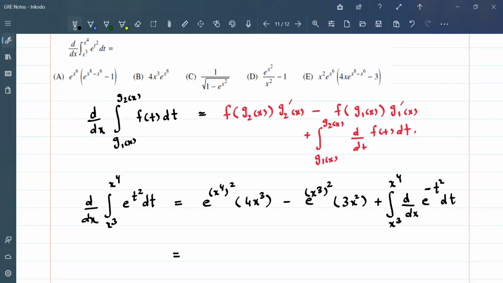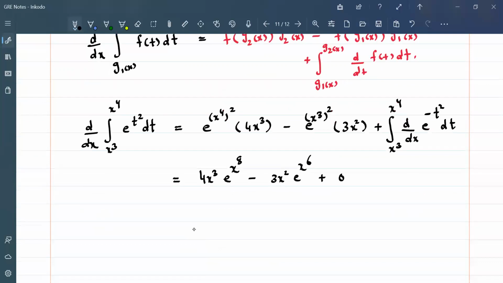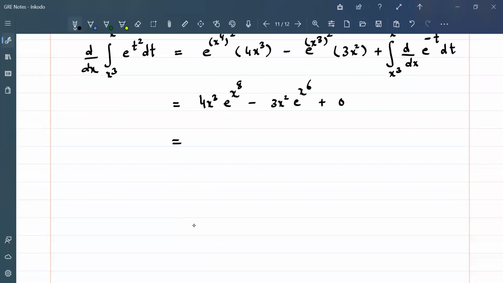Now you see that we have 4x cube e raised to power x raised to power 8 minus 3x square e raised to power x power 6 plus 0, because this is a function of t and we are applying the derivative with respect to x, so it is equal to 0. So we will simplify this, which is equal to 4x cube e raised to power x^8 minus 3x square e raised to power x^6.